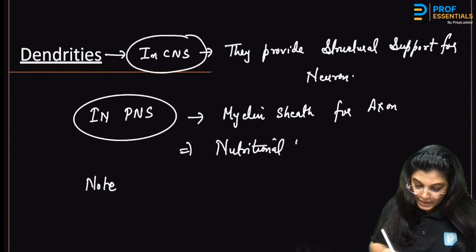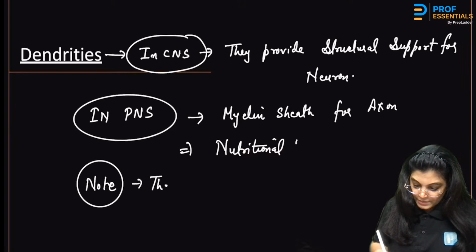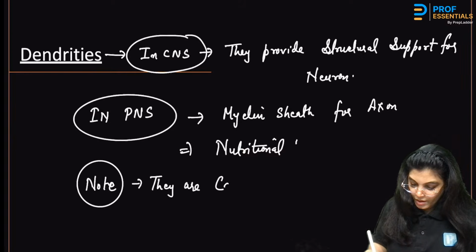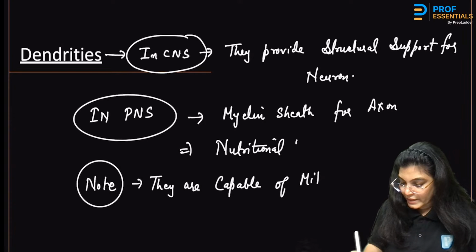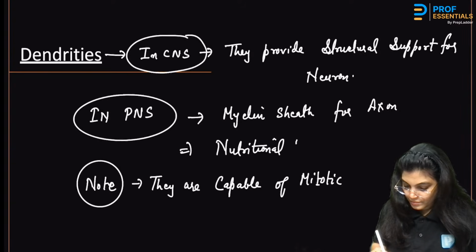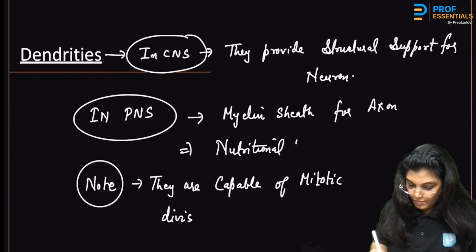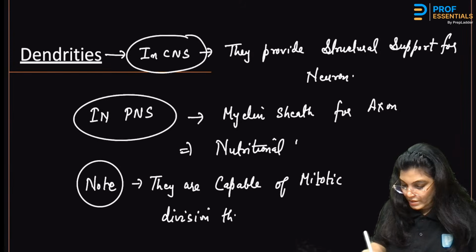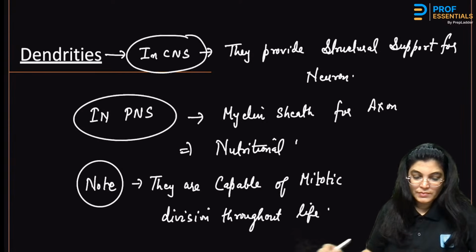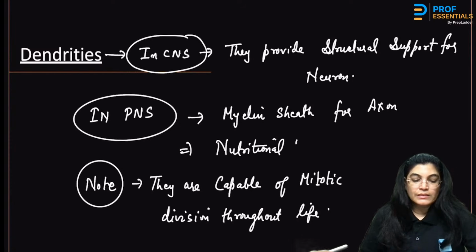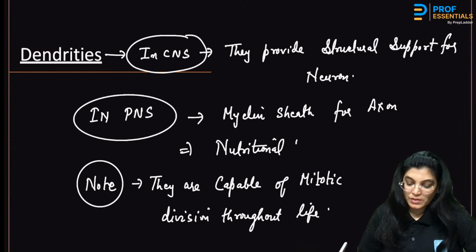Note this point about dendrites: they are capable of mitotic division throughout their life. Okay, done. Now let's see one image here.